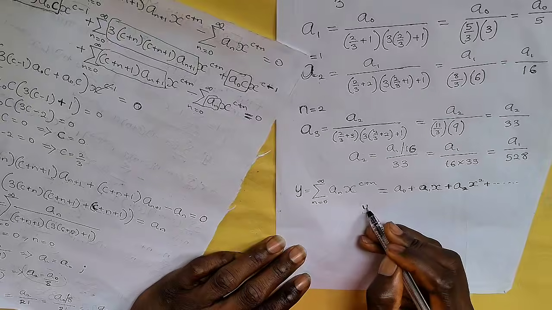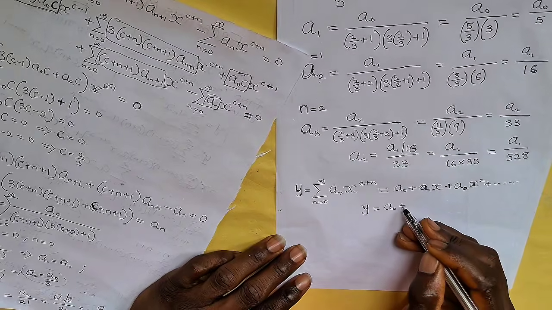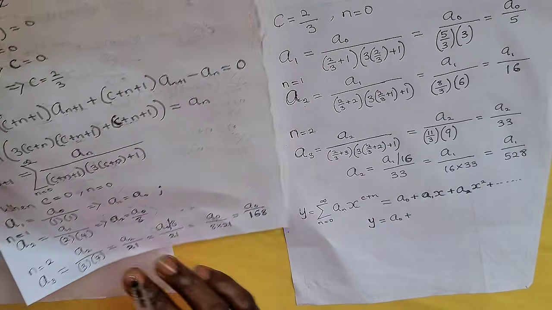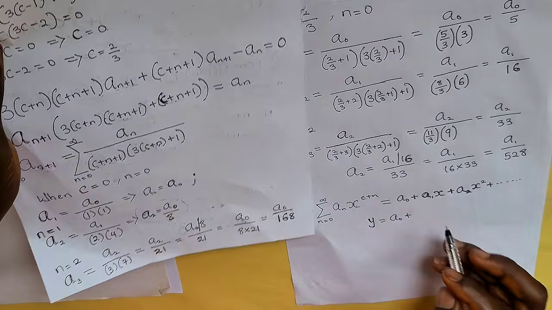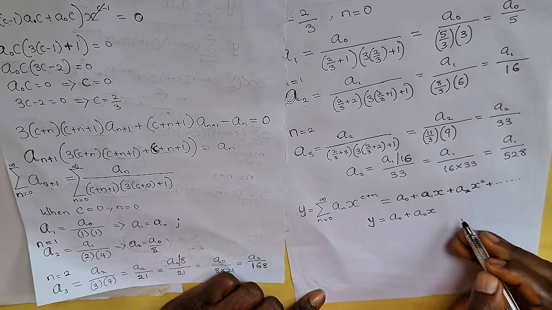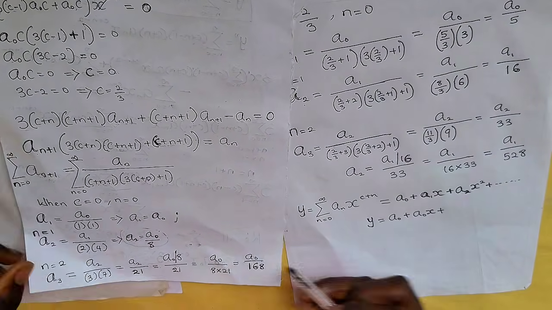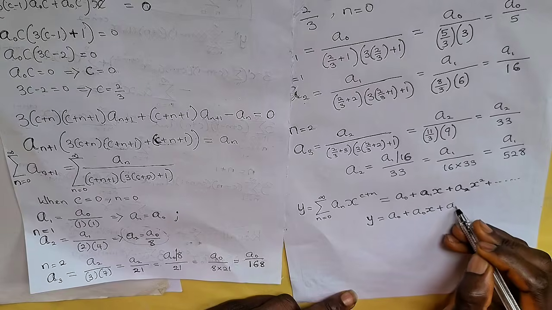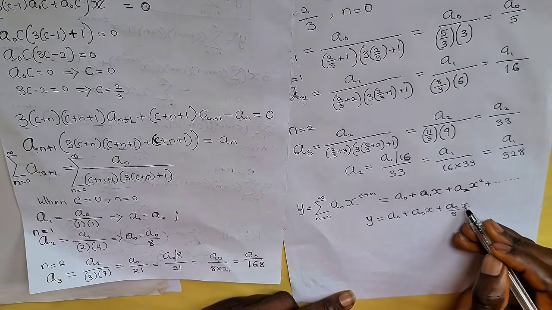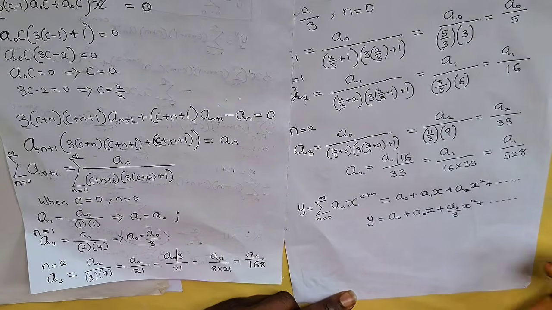Then what will be my final answer for that one? I'm going to have a naught. From the first derivation that we did, we said a1 is equal to a naught, so I can replace a1 as a naught x, plus, now we said that a2 was a naught over 8, so a naught over 8 x squared, plus till infinity.